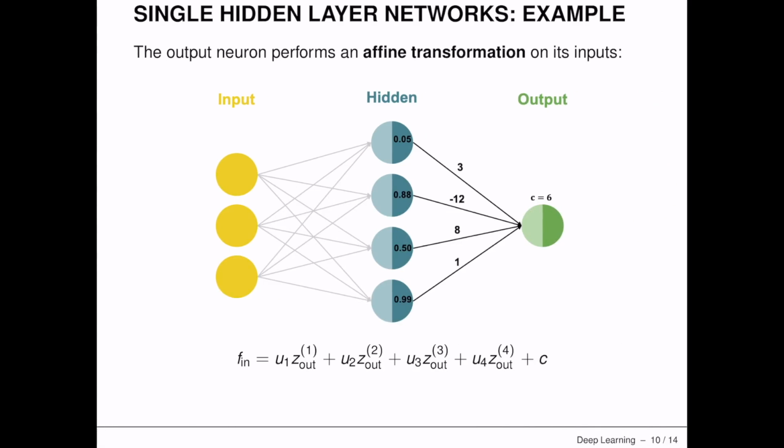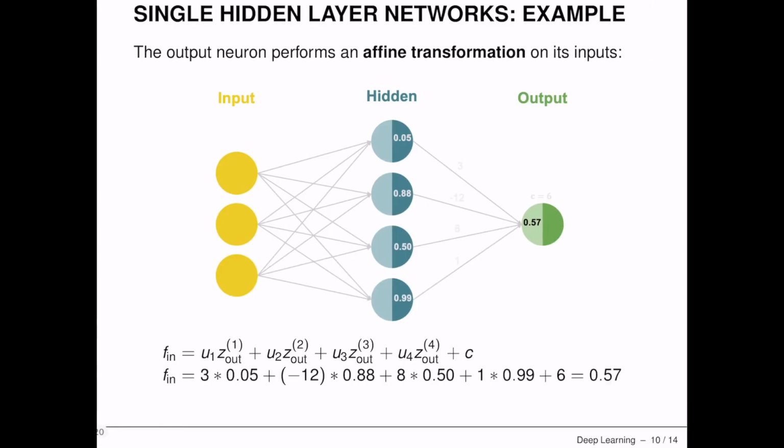In the next step, we feed these values that we just calculated into the output neuron and weight each with the weight associated to the connection of the hidden neuron to the output neuron. We again have a weighted sum and a bias term of the output neuron.